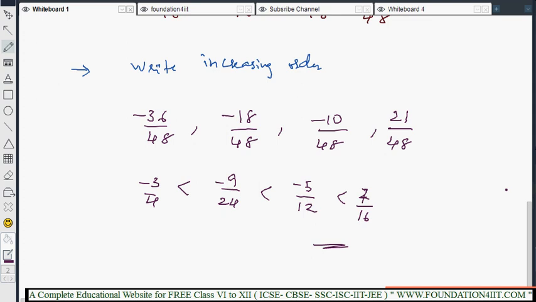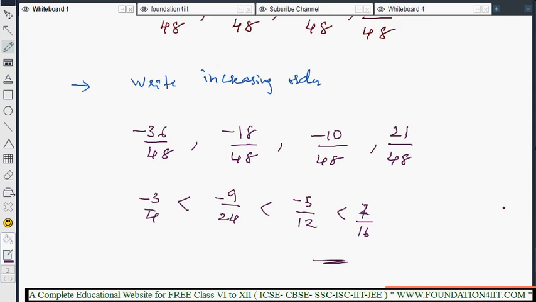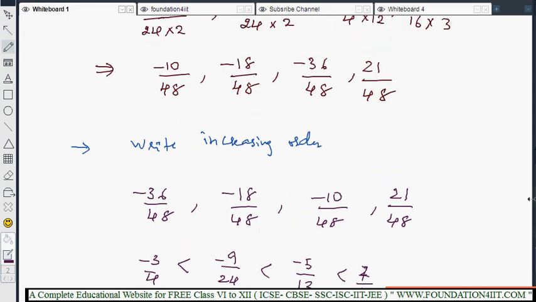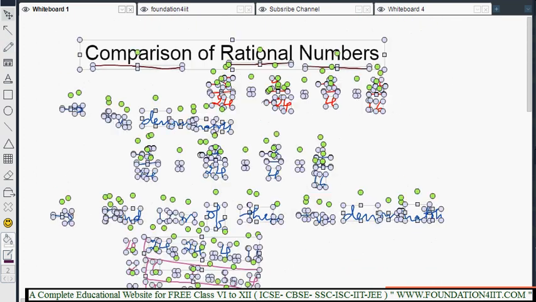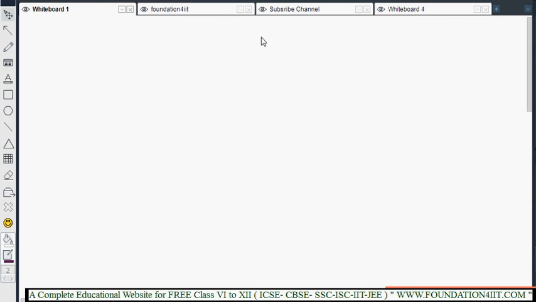So next we will see the representation of rational numbers on a number line. How do we need to represent rational numbers on a number line?